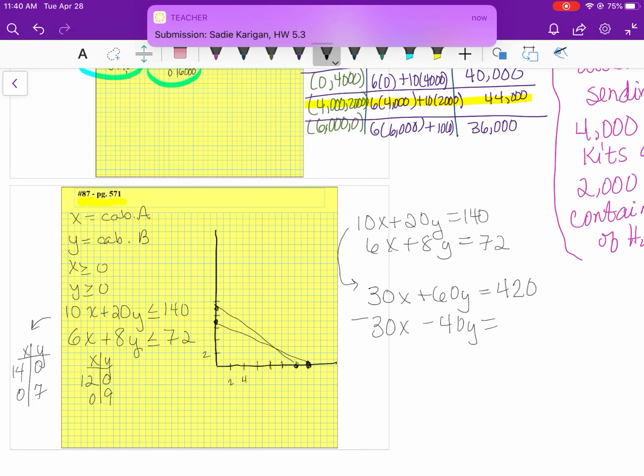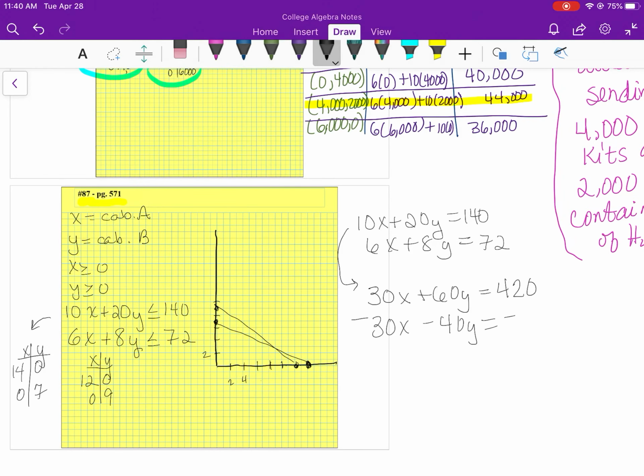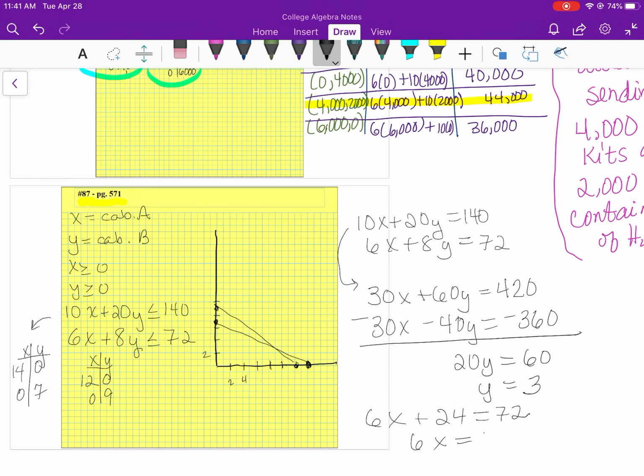Let's see, 72 times 5. -360. So y is 3. And so that makes x 8. So this is the point 8, 3.